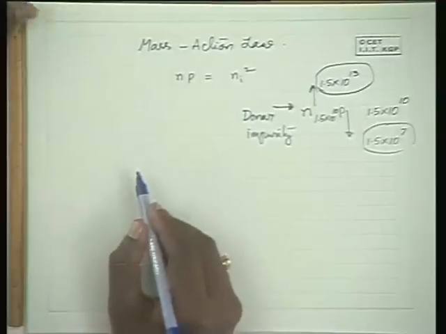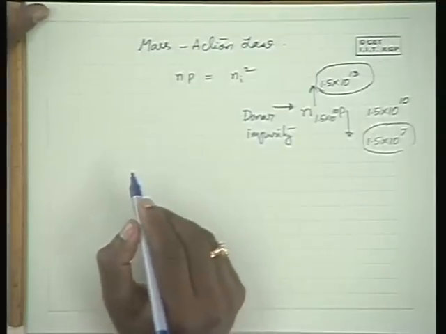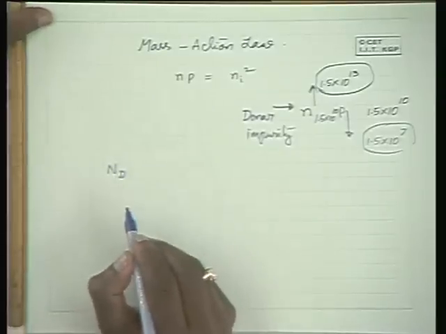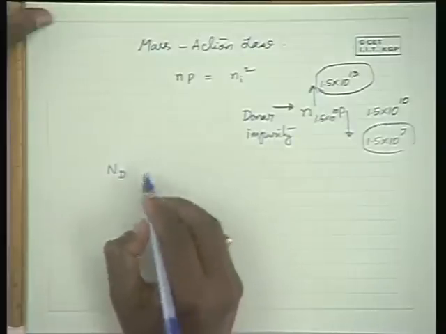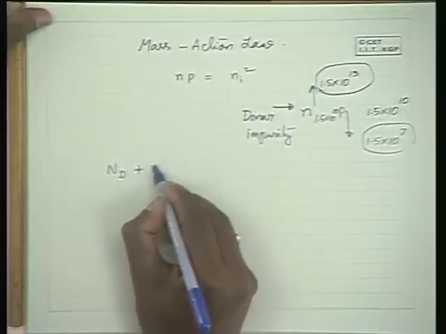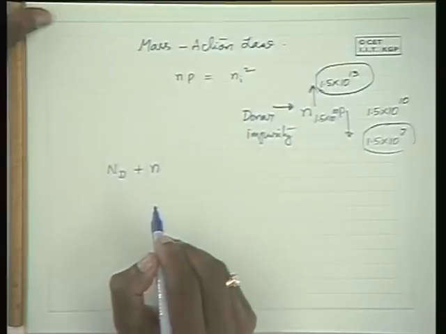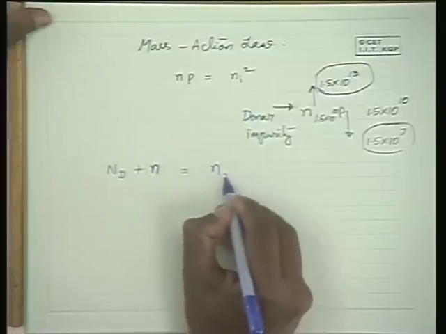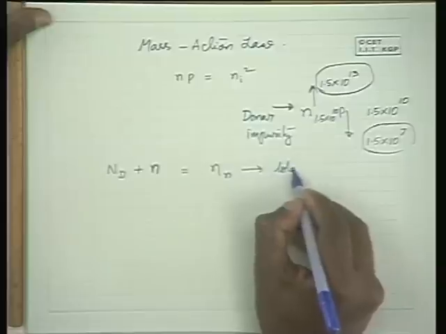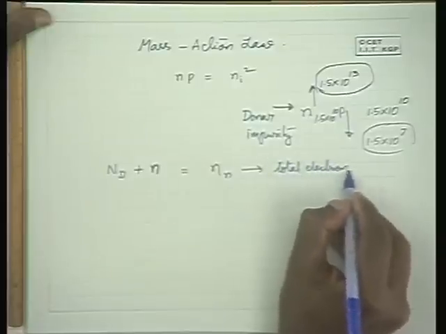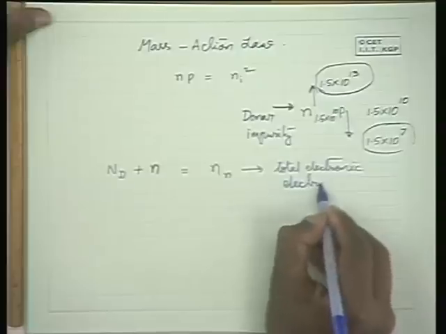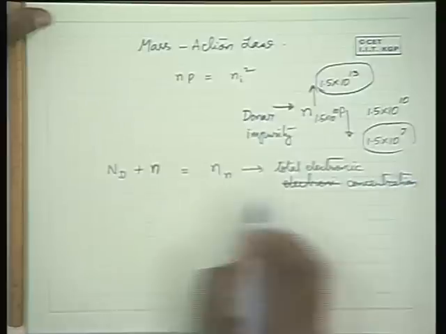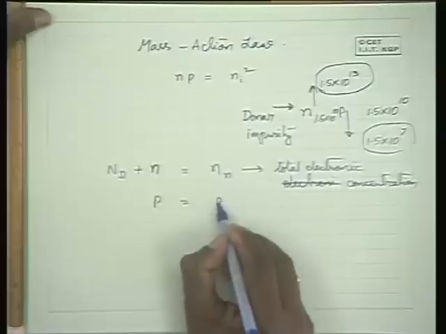If you consider an N-type semiconductor, let us say the doping concentration is Nd, and the number of free electrons due to thermal energy is N. So this is the total electron concentration, and P is the hole concentration.